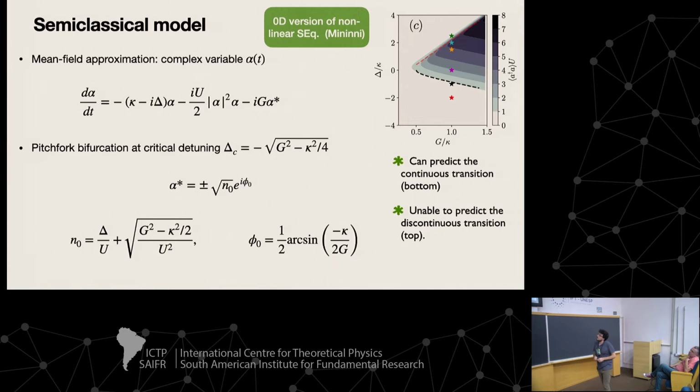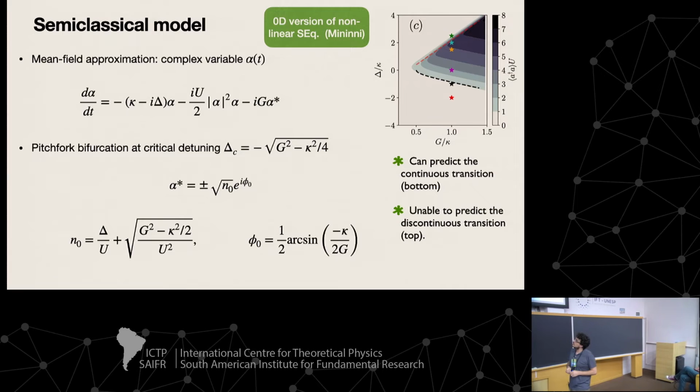OK, you can do a mean field approximation and come up with a classical model, essentially replacing the annihilation operator A by just a variable alpha. You get some kind of equation like this. You can look at the bifurcation diagrams of this equation. So this will predict the continuous transition. This black line here is exactly this curve.